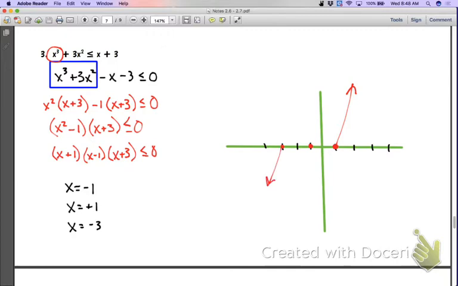Now, again, I'm not real worried about the graph. I'm worried about the interval more than anything. So as far as in the middle here, what has to happen? Well, this one has to go above, and this one's going to have to go below. I don't know what it's doing between that -3 and that +1.